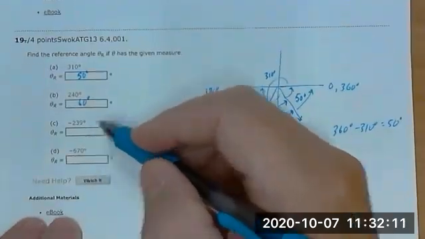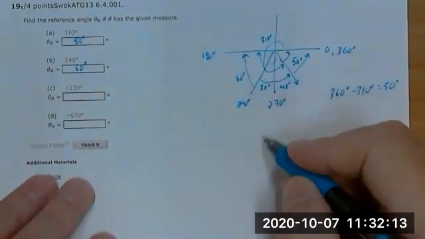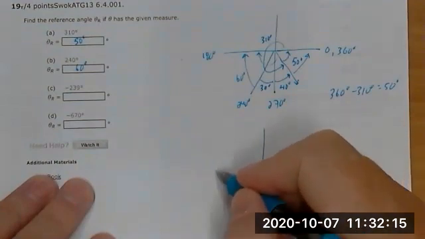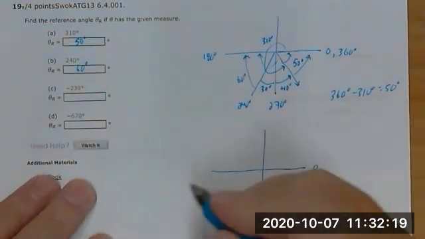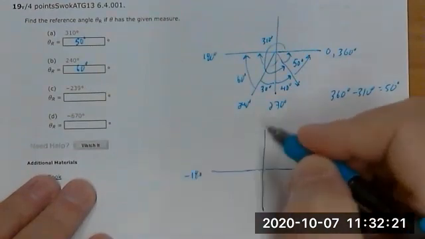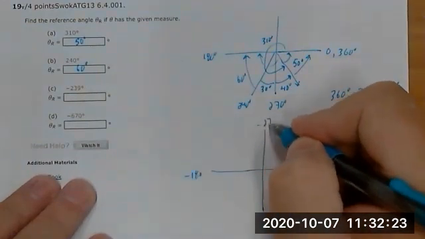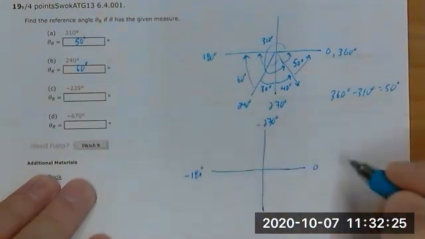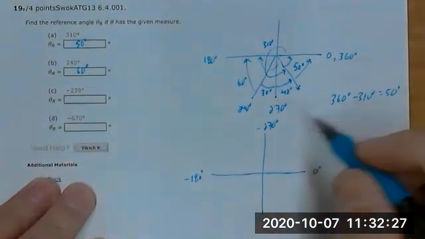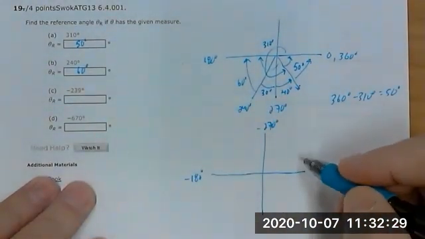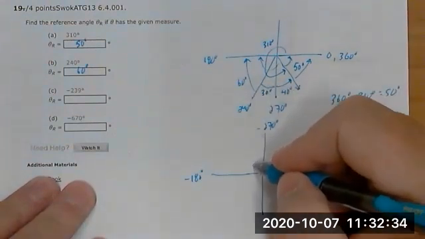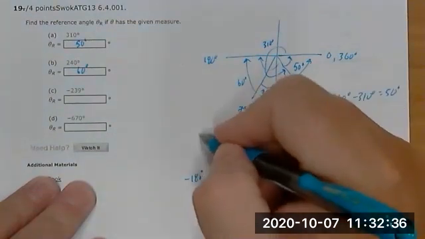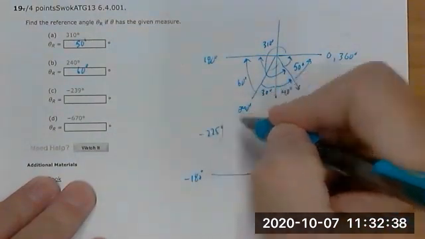Let's do one of these negatives. Negative 239. Let's figure out where it is first. So if I'm talking about negative angles, this is negative 180, negative 270. So negative 239, you know, halfway in between here, it's like negative 225.